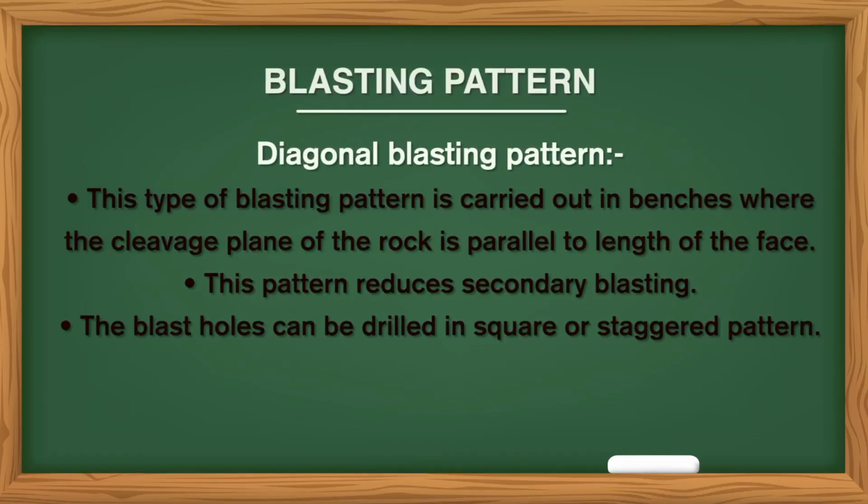Next, diagonal blasting pattern. This type of blasting pattern is carried out in benches where the cleavage plane of the rock is parallel to the length of the face. This pattern reduces secondary blasting, and the blast holes can be drilled in square or staggered pattern.